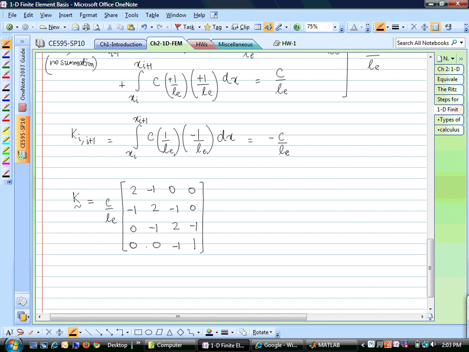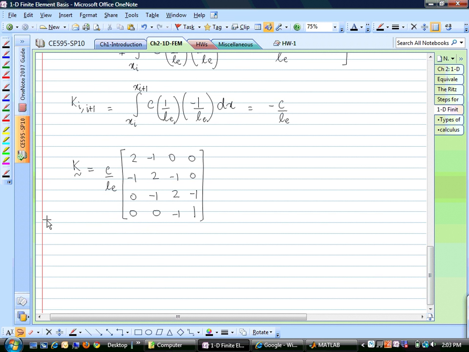Similarly, if you try to imagine, if we divided it up into 10 elements, we would have a 10 cross 10 matrix where all the diagonal terms would still be 2, and the off diagonal terms would still be -1, and the exact same structure would follow. The only difference would be that the length of each element, since we have divided it into 10 parts, would be smaller.